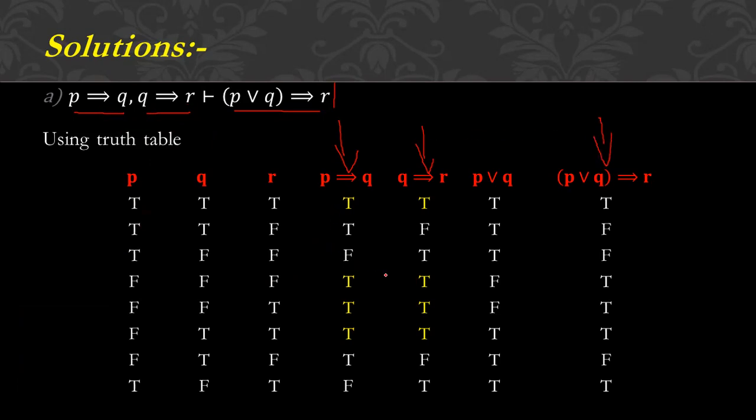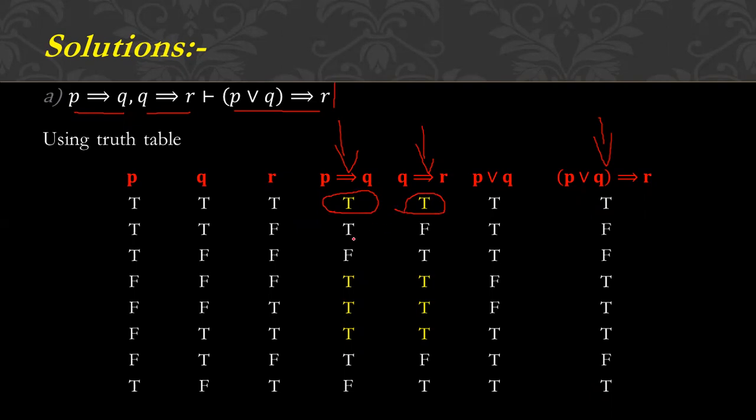Therefore, let us select the critical rows. A critical row of this table means a row where all the premises, that is P implies Q and Q implies R, are true at the same time. The first row is a critical row because both P implies Q and Q implies R are true.